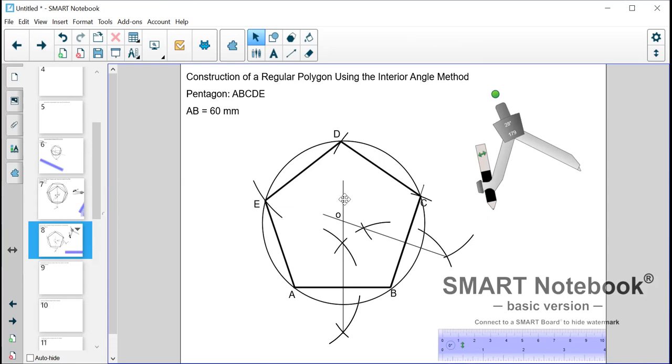That is the only difference with this particular method. So I don't think I'll have to demonstrate a hexagon, a heptagon, an octagon and so on. I'm sure you can figure that out, because the only difference is that you use the angles associated with whatever polygon you're constructing. So that means you have to know those angles.